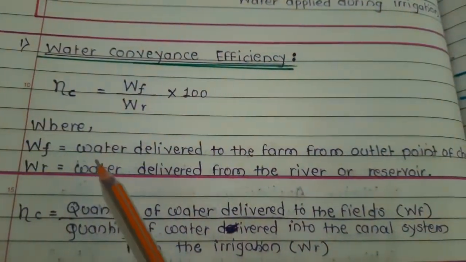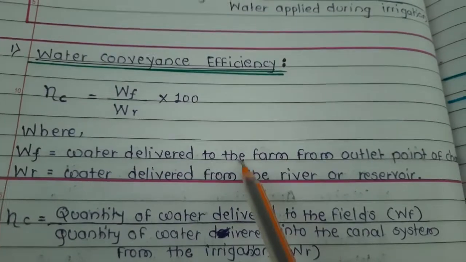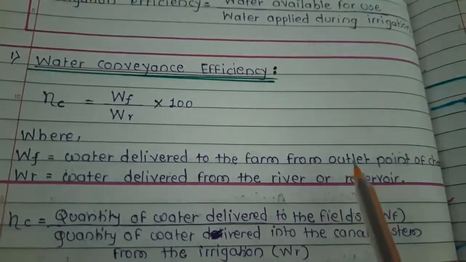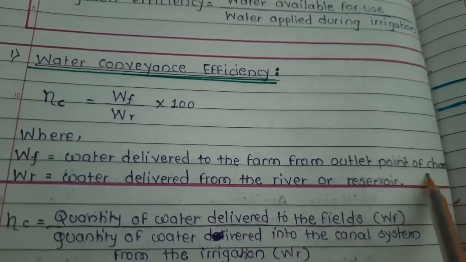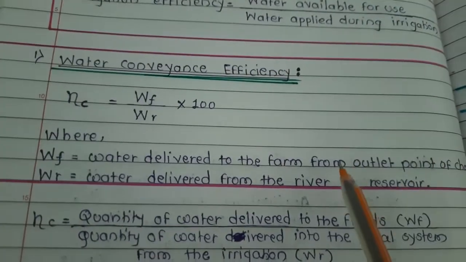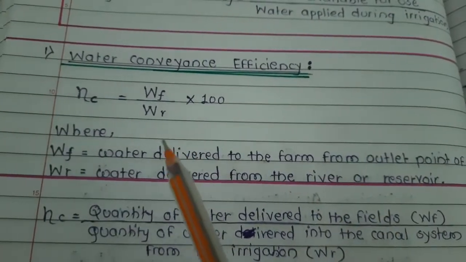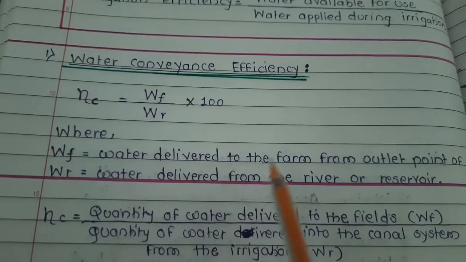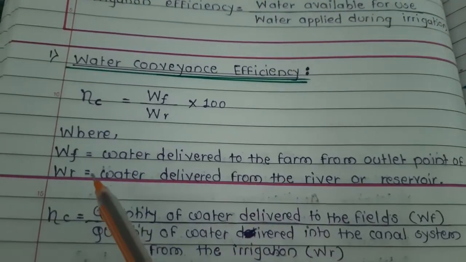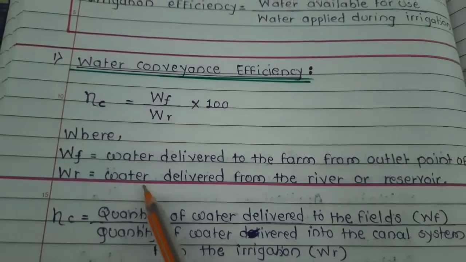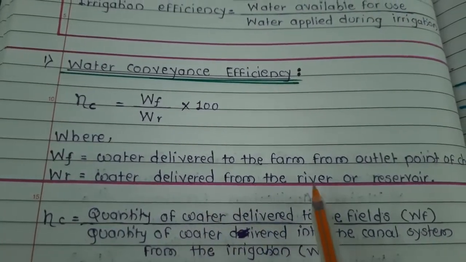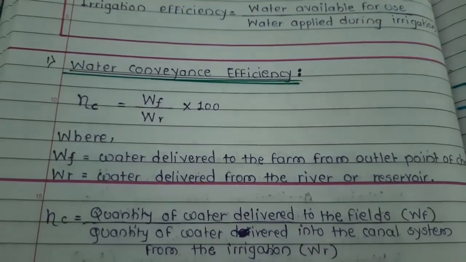WF is water delivered to the farm from the outlet point of a channel. Okay. And WR is water delivered from the river or reservoir.